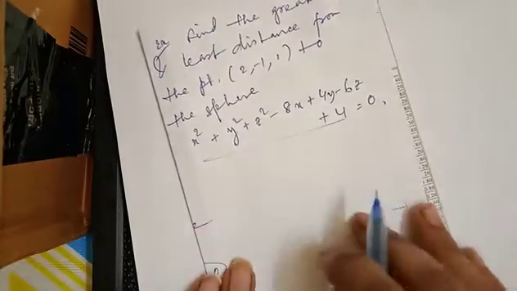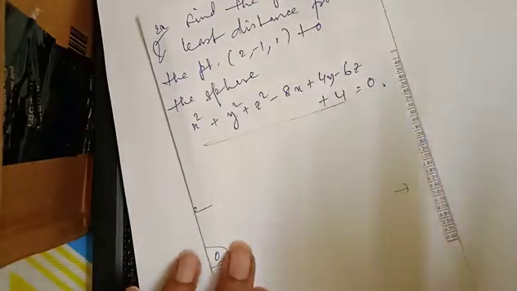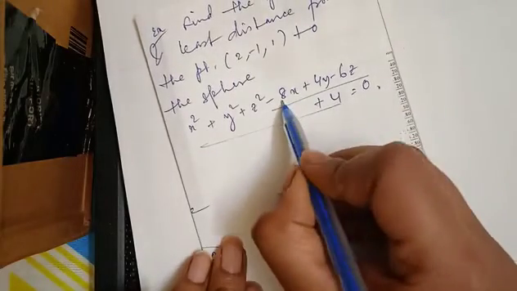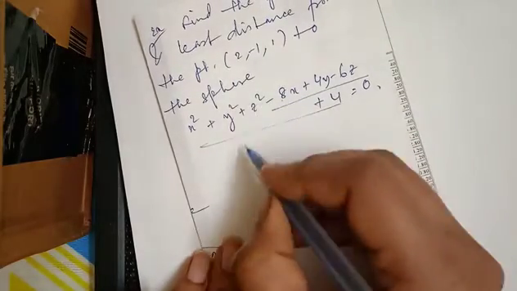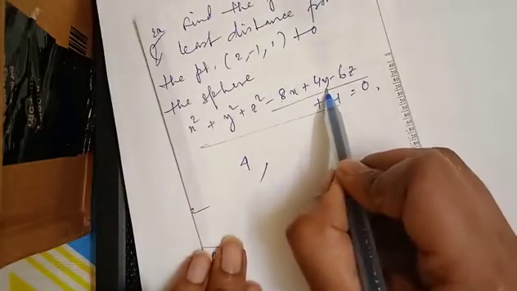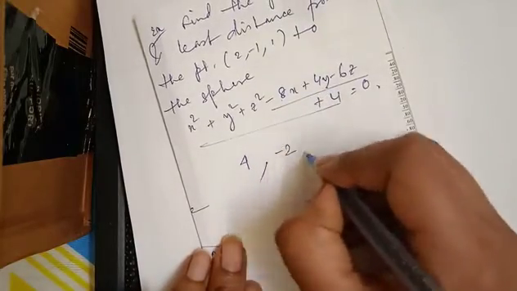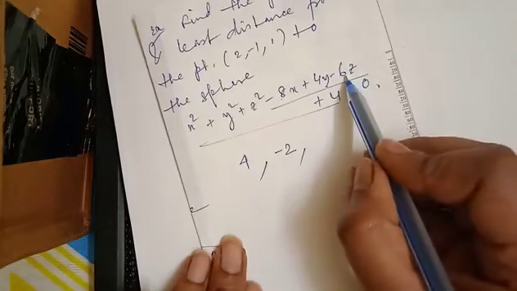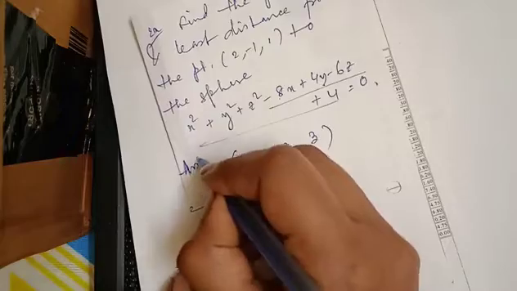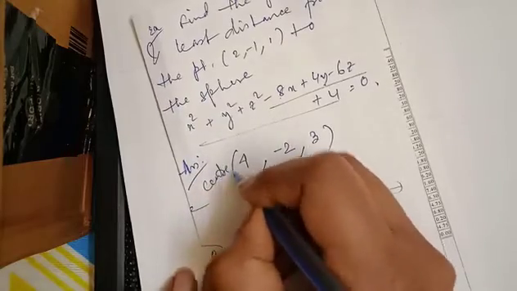So from this sphere, at first find out its radius and its center. If you compare it, g takes the value minus 4, so minus g will become 4. Then f takes the value plus 2, so minus f will be minus 2. Similarly minus h will be 3. So this is the center of the sphere.